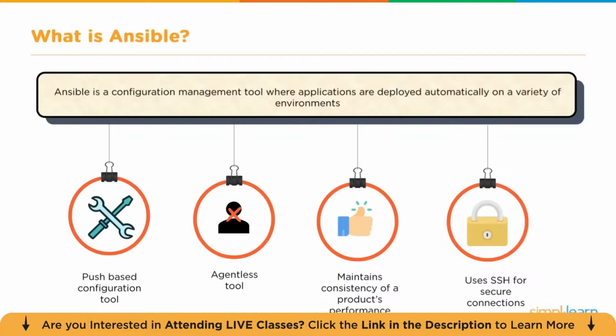Ansible has a consistency of product performance, so you know that if you're using Ansible it's going to work. It's a very consistent product, and it uses SSH for very secure connections. So it doesn't matter whether you have 1 or 1,000 pieces of hardware you're looking to configure, you can rest assured that there will be no security infringement because of the use of SSH.